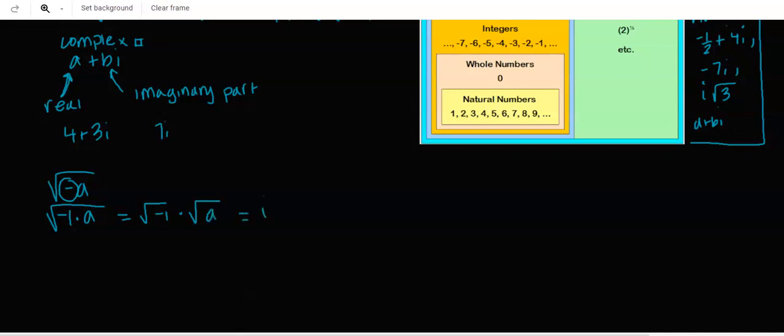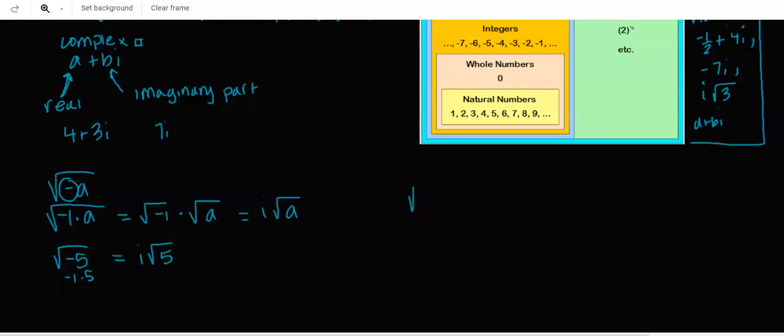So I already know that it's going to look like this before I even start messing around with a. All right, so let's try a couple. So the square root of -5 would be square root of -1 times 5. So I have i times the square root of 5. And I can't break 5 down, so I'm just going to leave that.